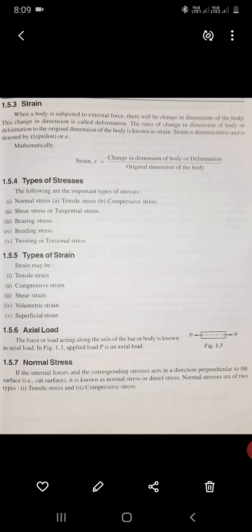The second is shear stress, also called tangential stress. Third is bearing stress. Fourth is bending stress. Fifth is torsional or twisting stress. The types of strain are tensile strain, compressive strain, shear strain, volumetric strain, and superficial strain.